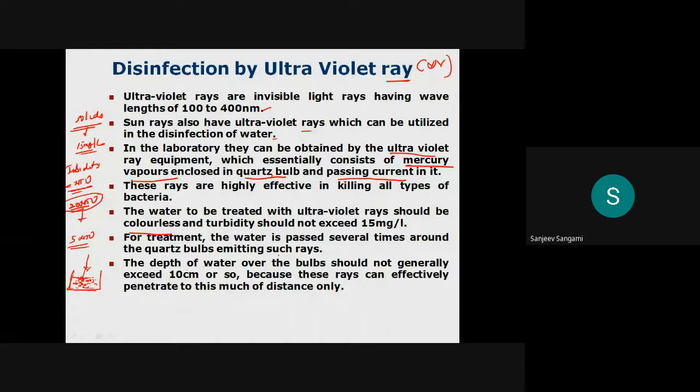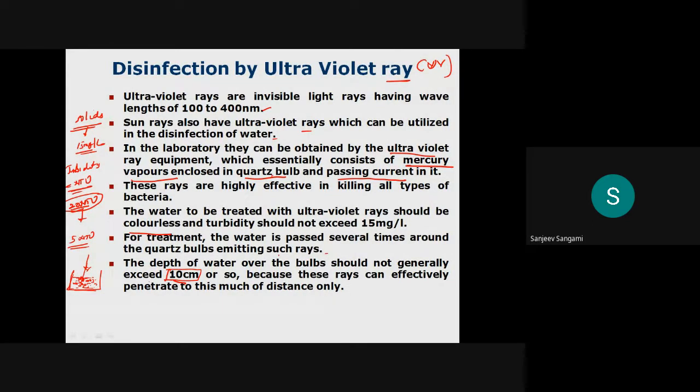For treatment, the water is passed several times around the quartz bulb emitting such rays. The depth of water over the bulbs should not generally exceed 10 centimeters, because these rays can effectively penetrate only this much distance.